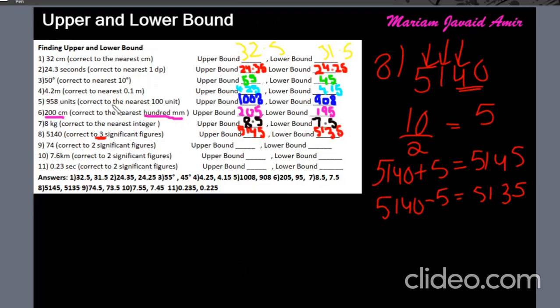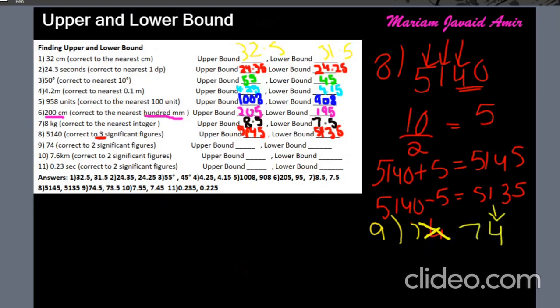Next up is 74 correct to 2 significant figures. Now let's determine the position of the second significant figure. We were on question 9, 74 correct to 2 significant figures. So the second significant figure is on the units place, 74.